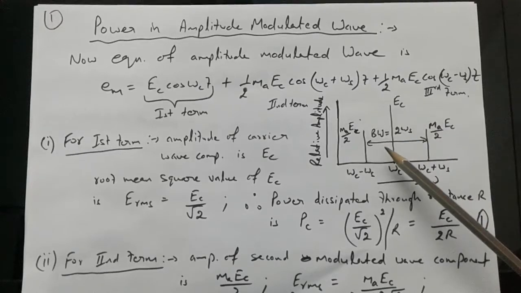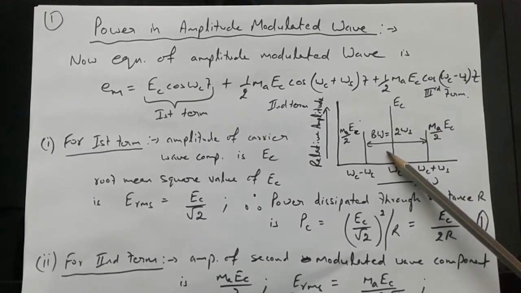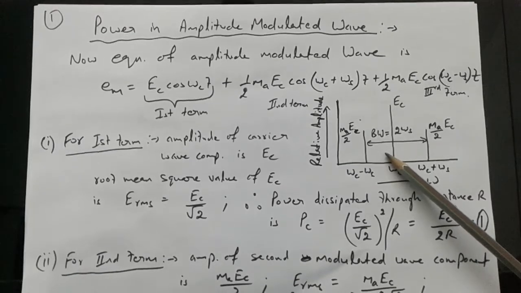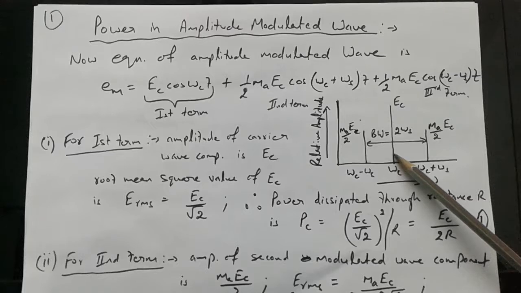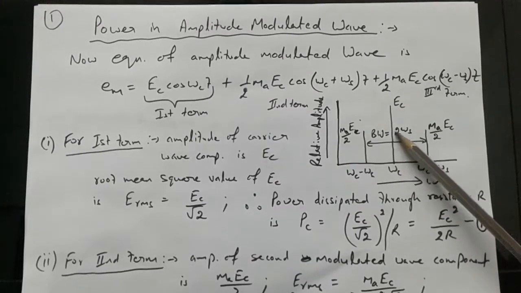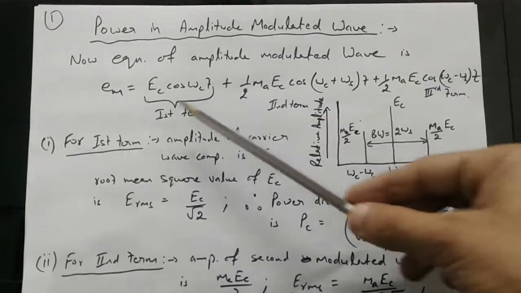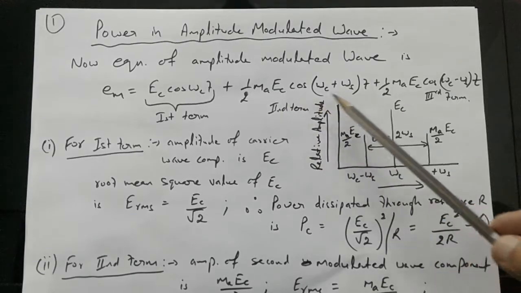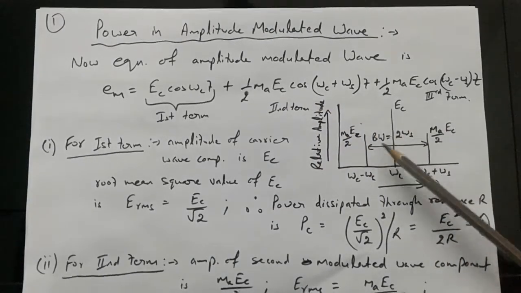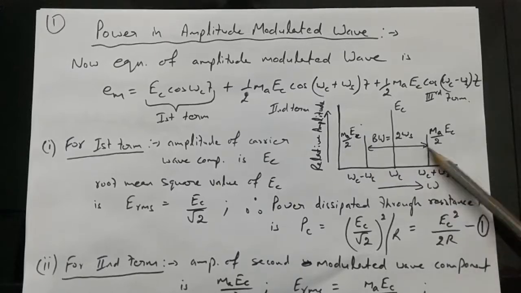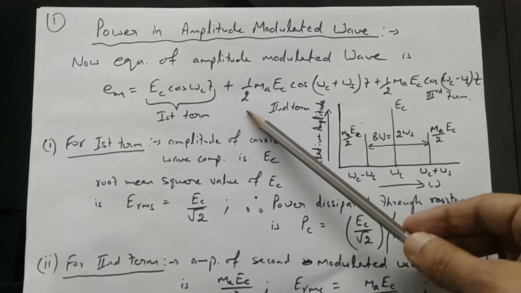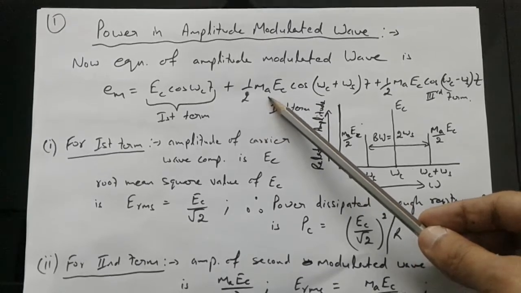And we have also shown these three components on the graph, where the central carrier wave frequency has the maximum amplitude EC, and the upper sideband and lower sideband both have the same amplitude, that is MA EC by 2, where MA is the modulation index.